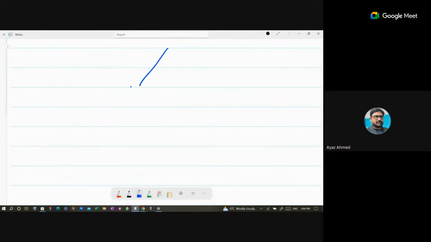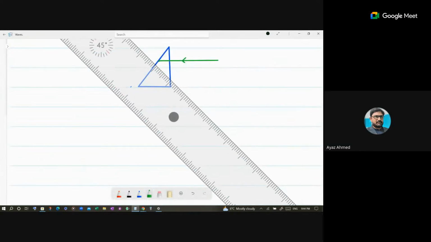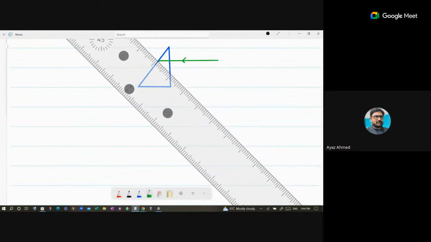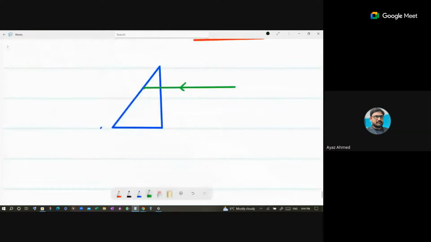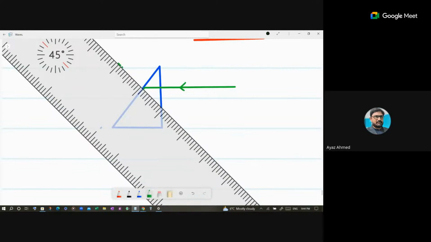Okay, this is the prism, and I'm going to incident a light at an angle greater than its critical angle. I will show you that. This is the normal over here.